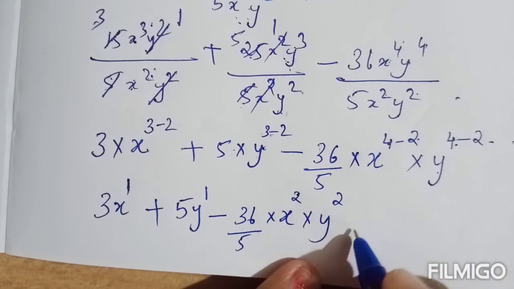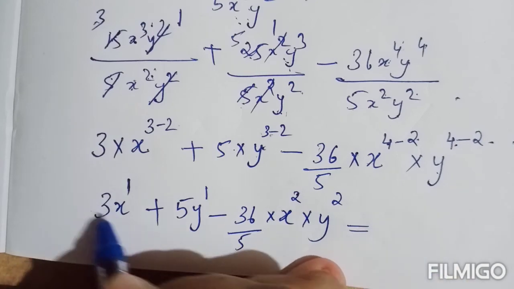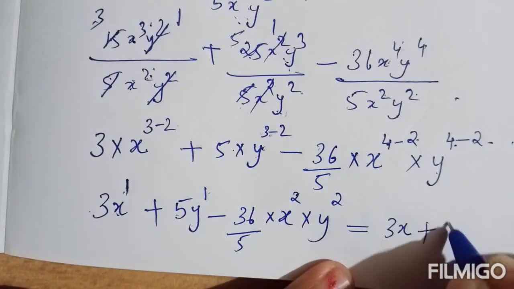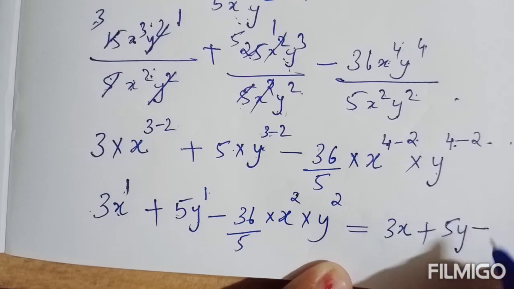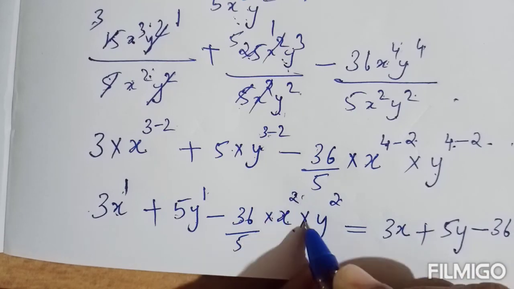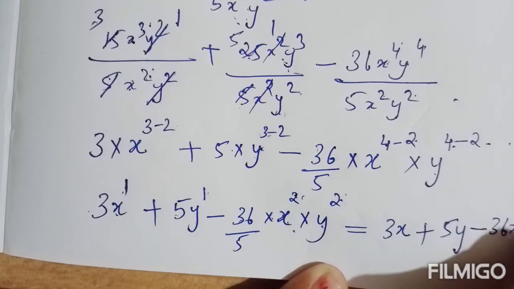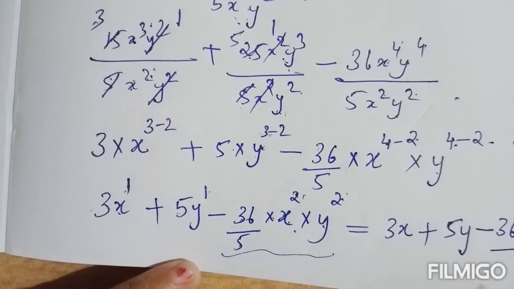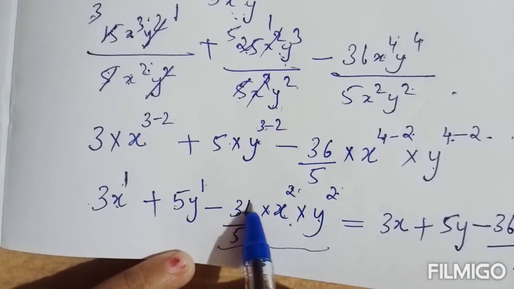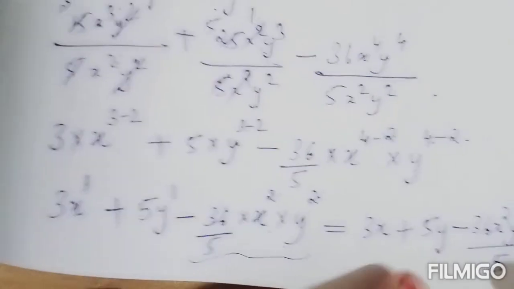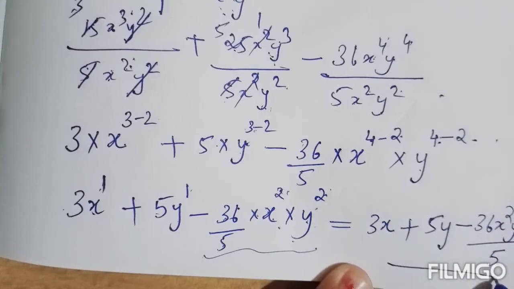So the final answer is 3x plus 5y minus 36 x square y square by 5. Here multiplication of fractions, product of numerator by product of denominator, so you will get 36 x square y square by 5. This will be the answer.